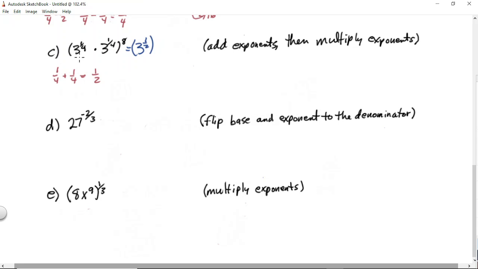And what we just did was this part, right? We added the exponents, and we got 1/2, and we put that exponent of 1/2 on the 3. But now we have to do this. We raise it to the 8th power. And now we're going to multiply exponents. So exponent arithmetic, we'll do down here in red. 1/2 times 8 equals 4.